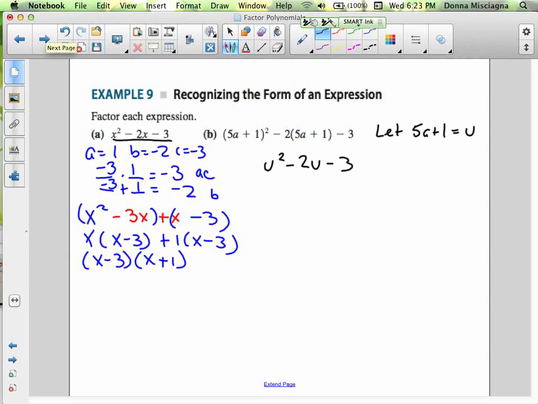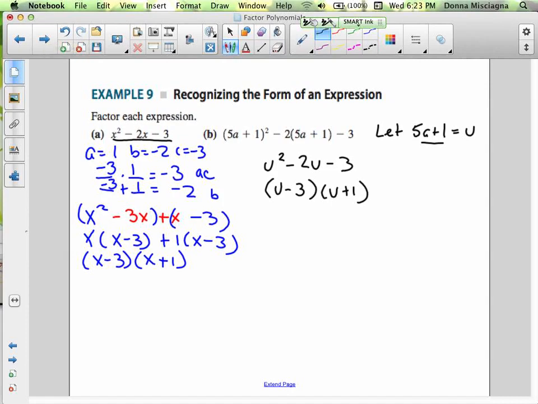I'm not going to get anything different if I have u's other than it being a u minus 3 and a u plus 1. All right, so here we have u squared minus 2u minus 3 factored, but there's a little problem. Right? That's not our starting equation. Our starting equation had 5a plus 1 in it. Well, let's just replace the u with the 5a plus 1. We decided that 5a plus 1 was going to equal u.